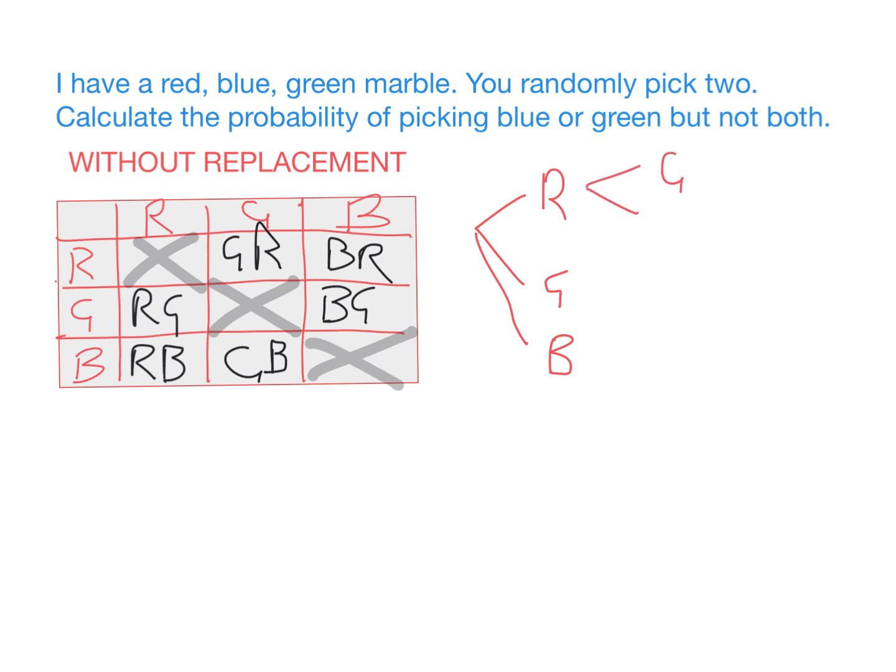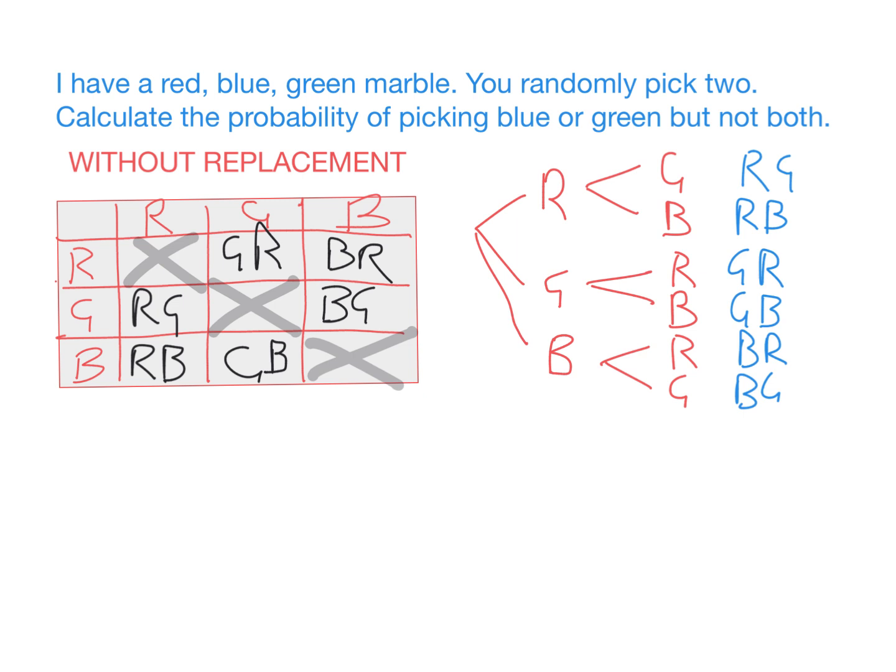I can only get green or blue. If I get green, I can only get red or blue on the next go. And of course, if I get blue, I can only get red or green. So once again, I still follow the branches to list the outcomes, red, green, red, blue, and so on. And so you can see that there are 6 equally likely outcomes this time.